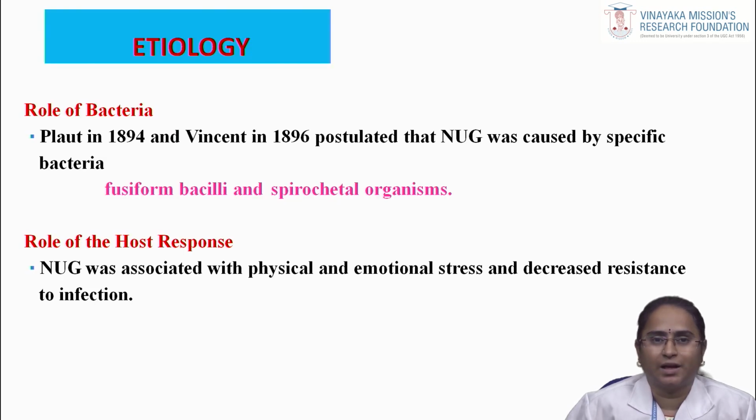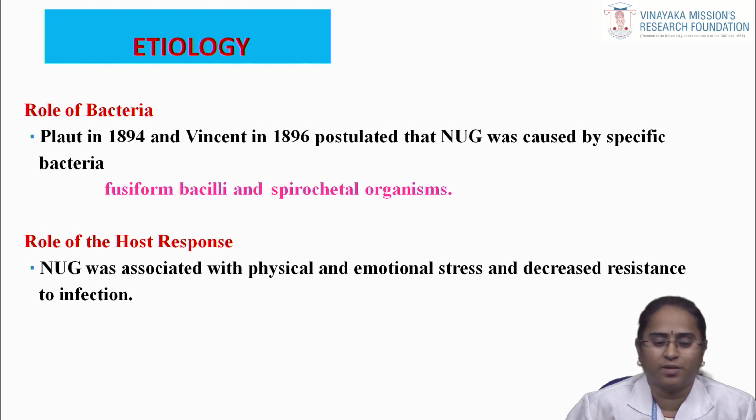Coming to the etiology, the role of bacteria. Plaut in 1894 and Vincent in 1896 postulated that NUG was characterized by specific bacteria, which include fusiform species and spirochetes. The role of bacteria is one of the reasons for NUG, and there are other factors which will be described later in the etiology.